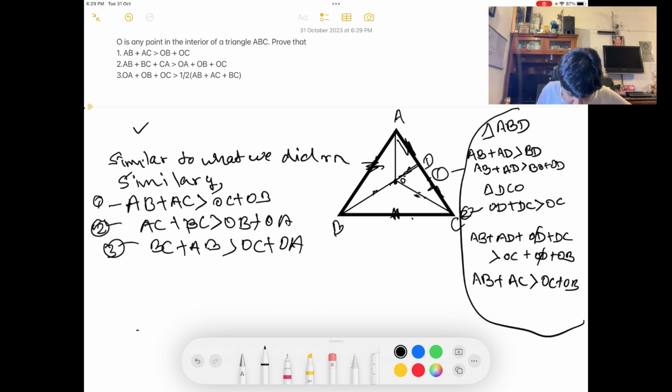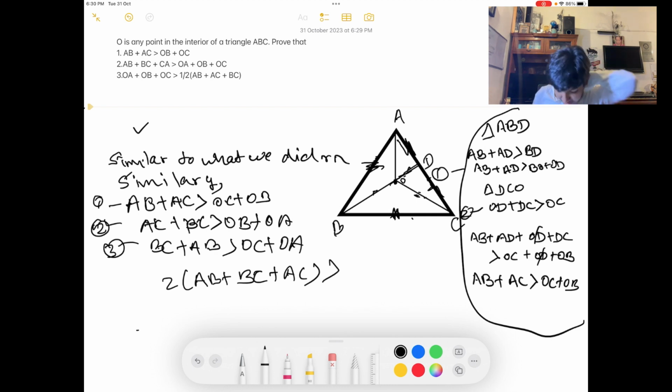So we can see there are two AB, so 2AB, plus there are two BC, so 2BC, plus there are two AC, so 2AC is greater than, there are two OCs, plus two OBs, plus two OAs, right?